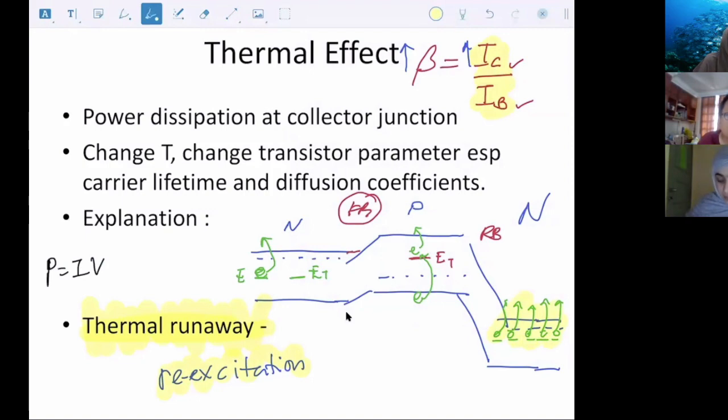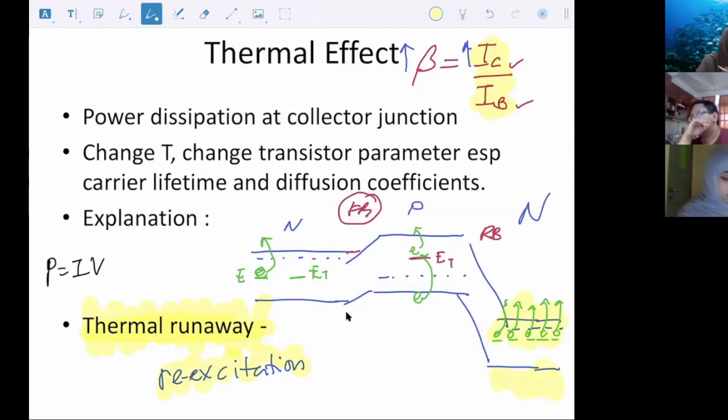Why? Because suddenly the electrons are alive again. The carrier only dies when it goes to the valence band here. So you increase the lifetime, therefore beta increases.